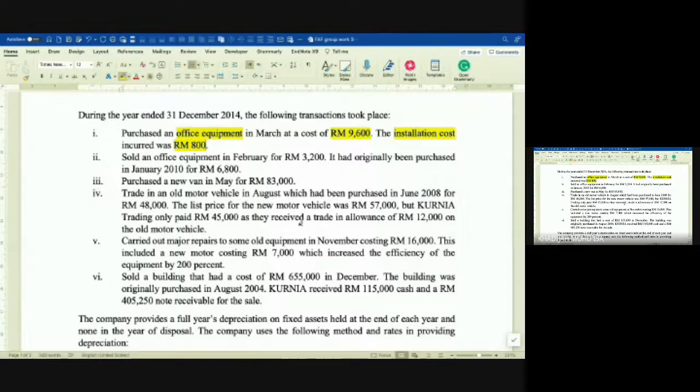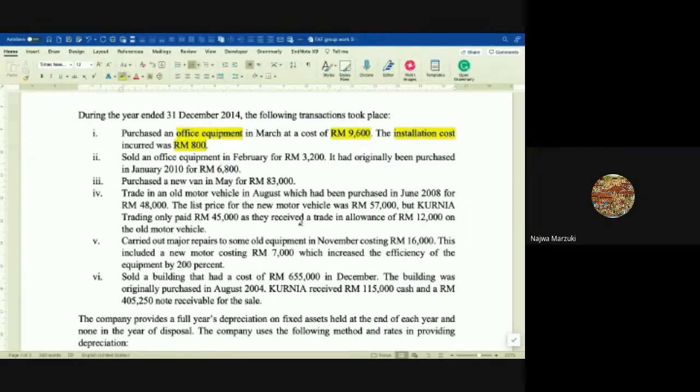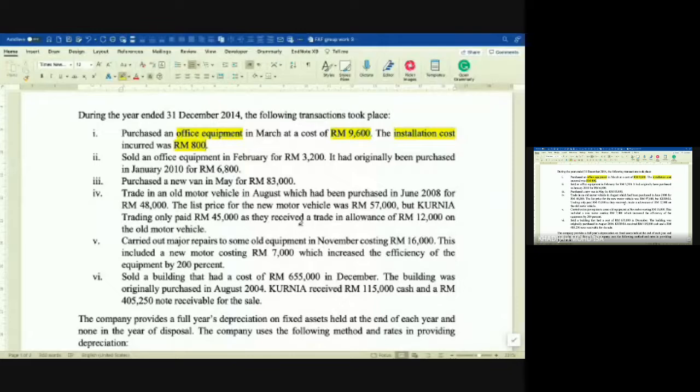How much? 10,400. So debit your office equipment and credit your cash of 10,400.